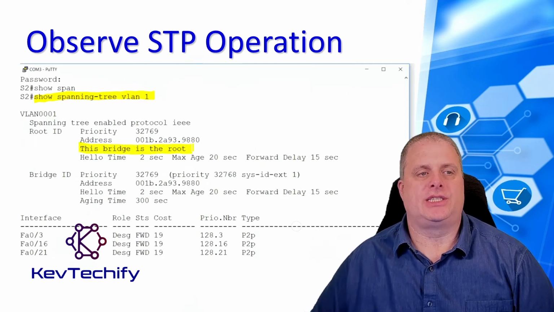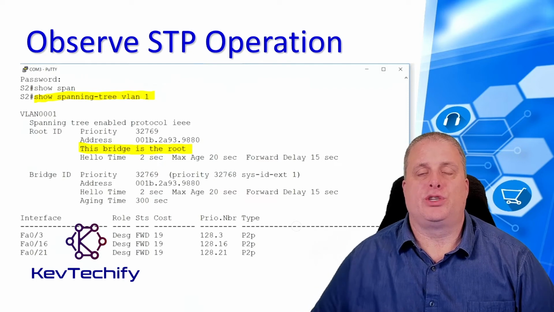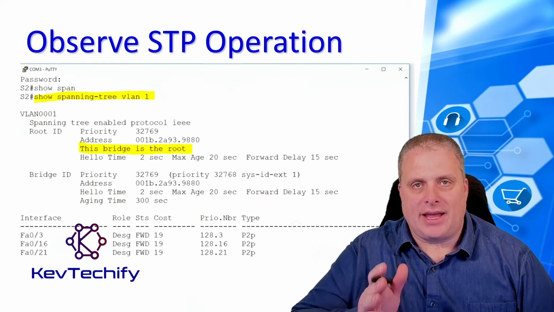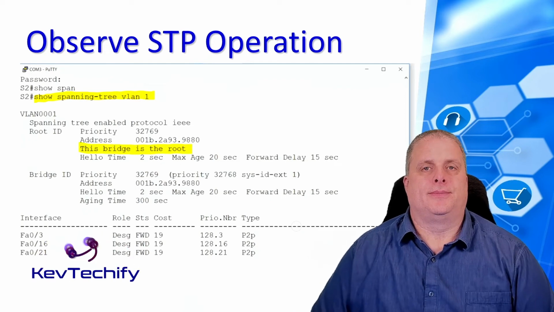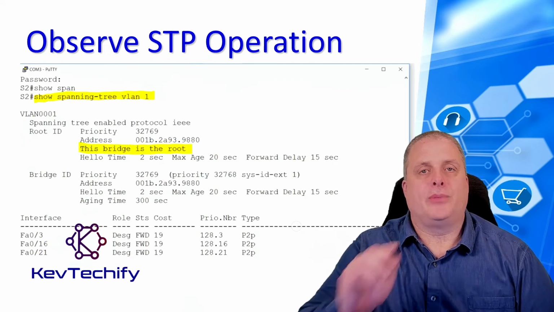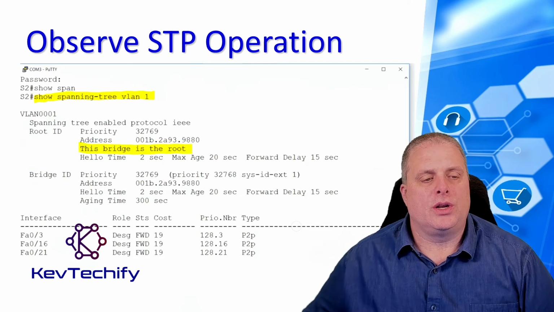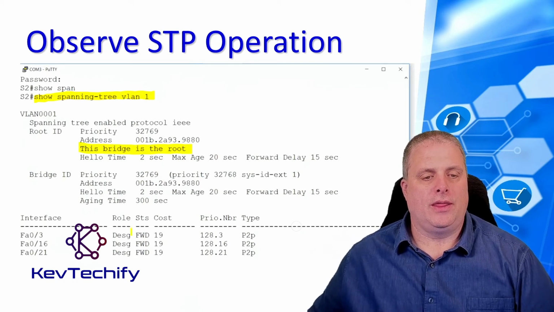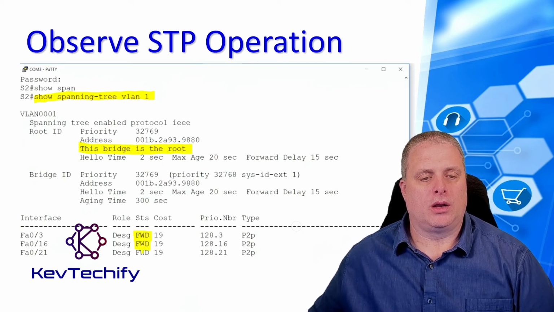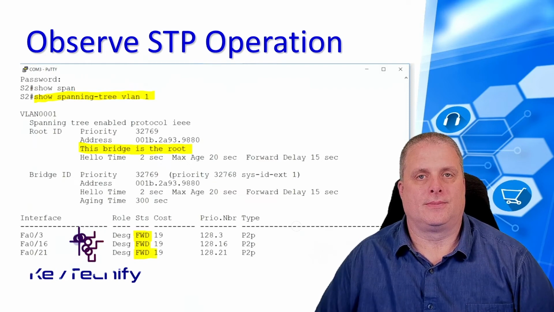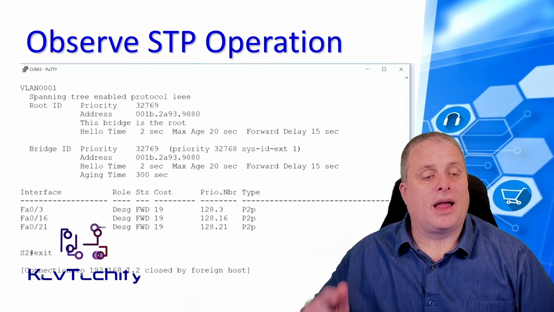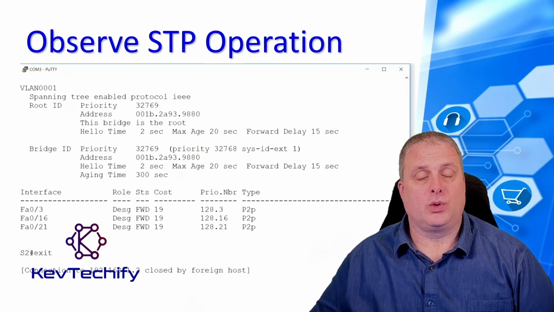If it doesn't do that when you do the show spanning tree, that switch is not the root bridge. It has to say this bridge is the root. And because we're the root bridge, notice all of the ports, they're in forwarding mode. You can forward out all of their ports. Okay, I'll exit out and go back to S1.